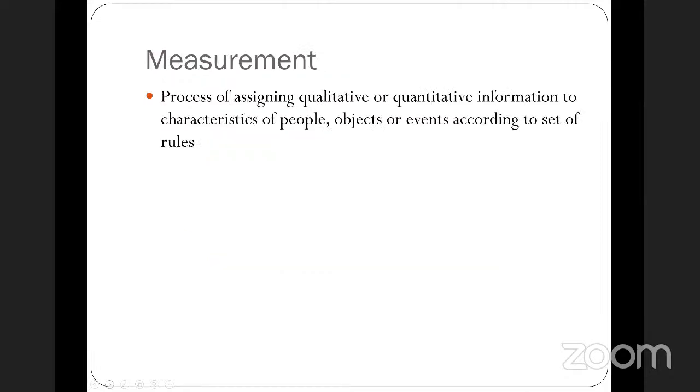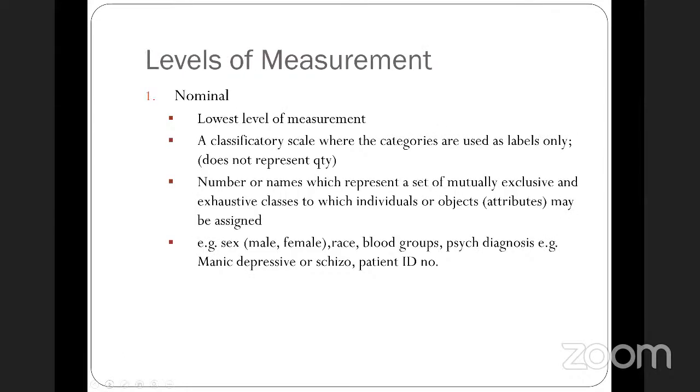So measurement is the process of assigning qualitative or quantitative information to characteristics of people, objects or events according to rules. So we have levels of measurement. Nominal would be the lowest level.